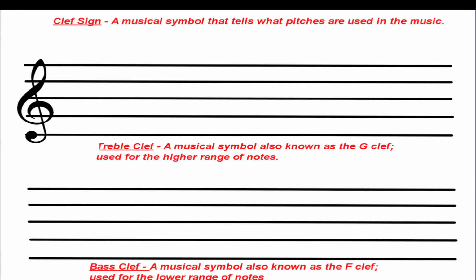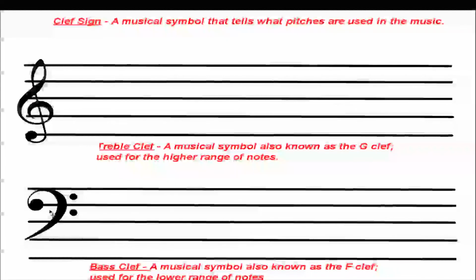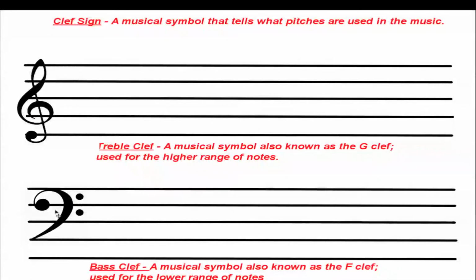The other clef sign that's really important to know is the bass clef, and you can see it come on the screen here. Bass clef is also known as the F clef, and this bass clef is used for lower range of notes. So where men sing, where tubas, basses, cellos, bass guitars, they would all have their notes written in the bass clef.